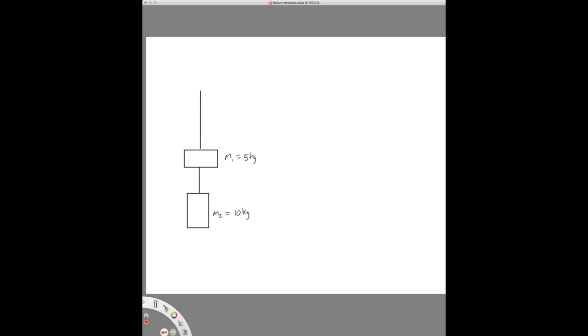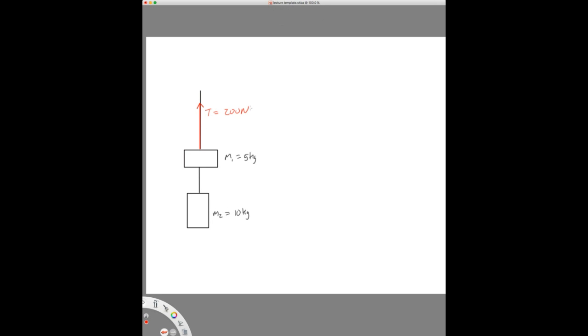And suppose that we know that we apply a tension to the top. And that tension has a size of 200 newtons. And I want to find two things.